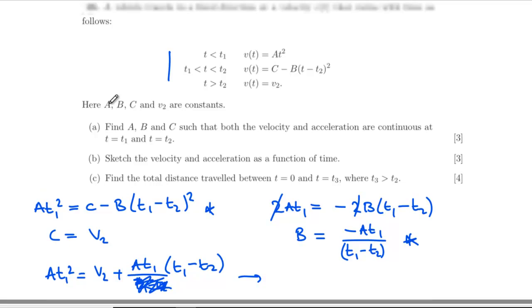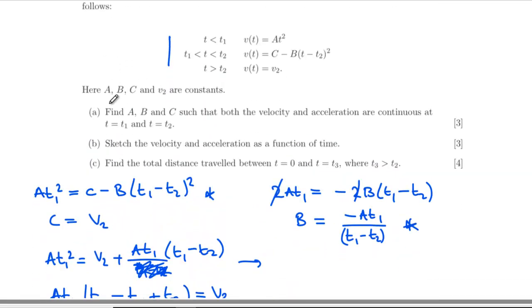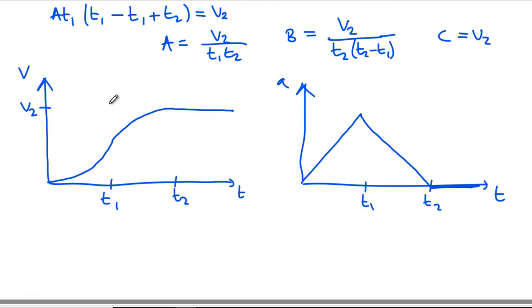So what were our functions? We got at squared. So this means we've got the integral of, well, a is v2 over t1 t2, that's a multiplied by t squared dt, and that goes from 0 to t1.